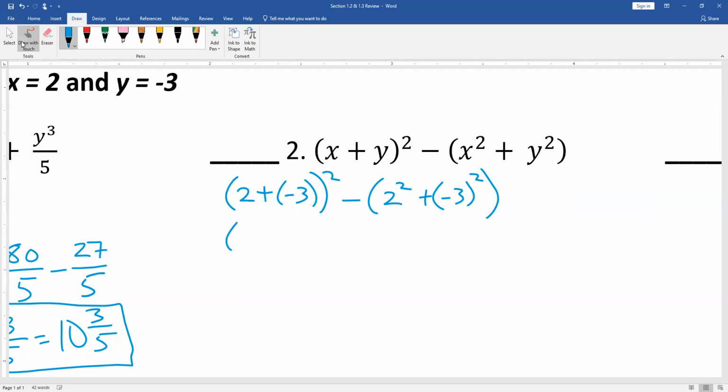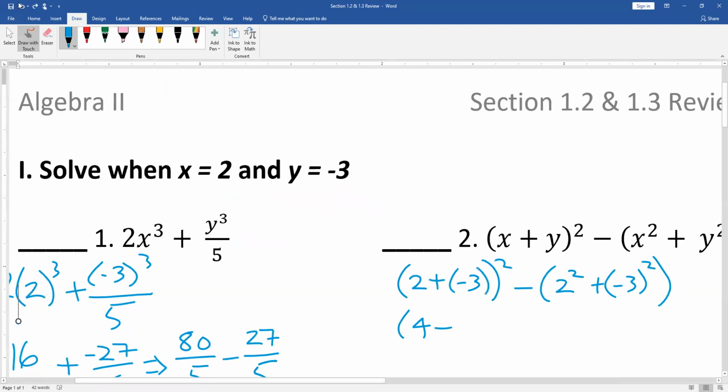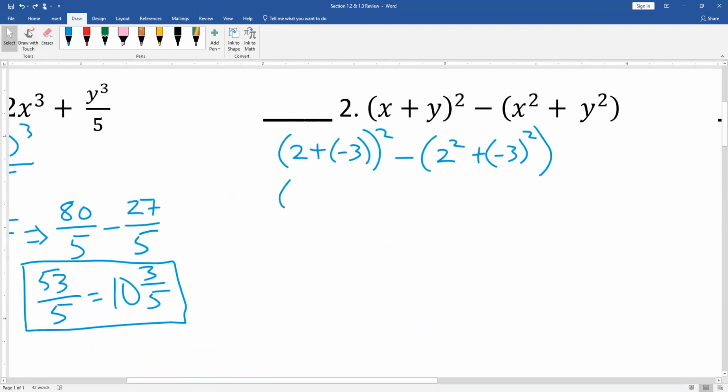So this is 2 squared, which is 4 plus, no, sorry. Here I go again. See if I can do this. All right, 2 plus a -3, sorry, is actually -1.